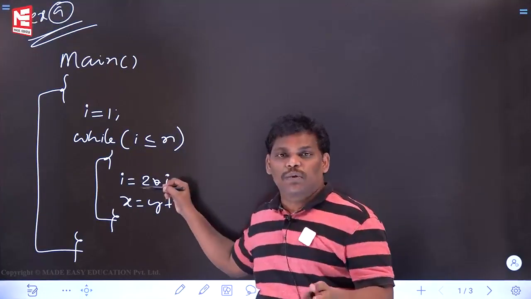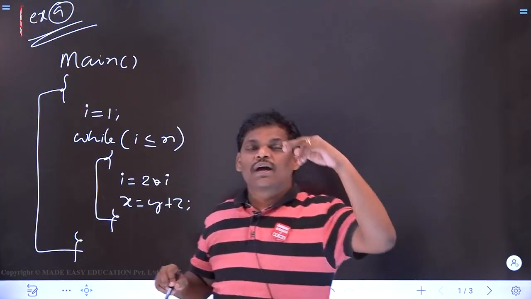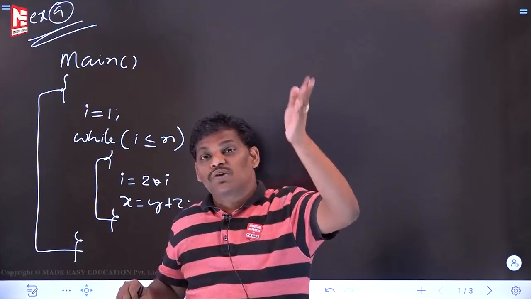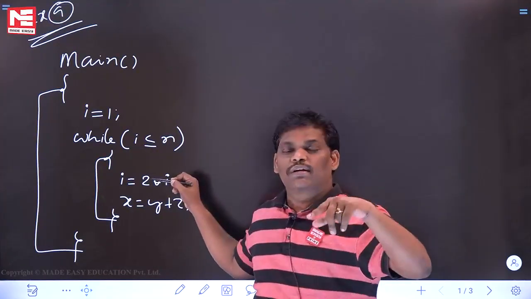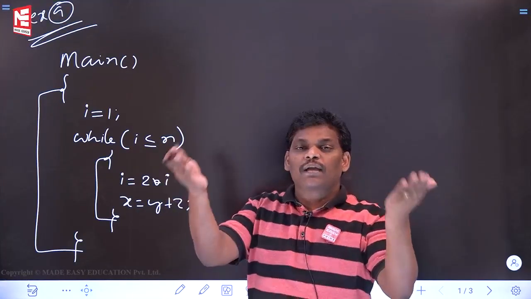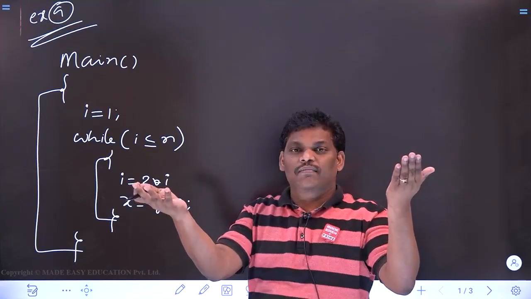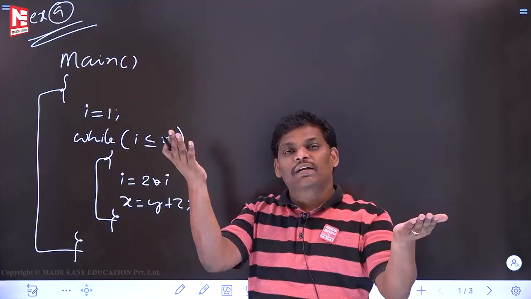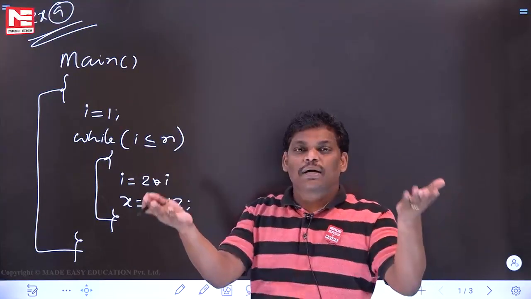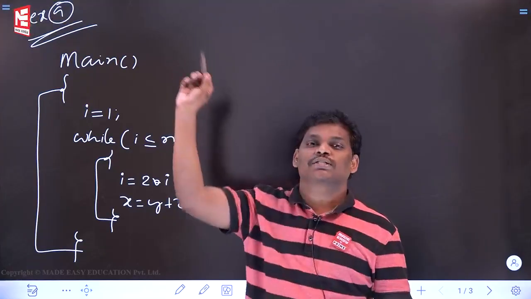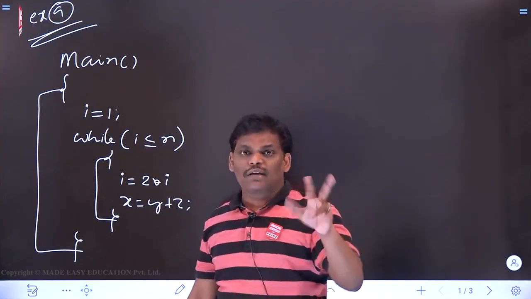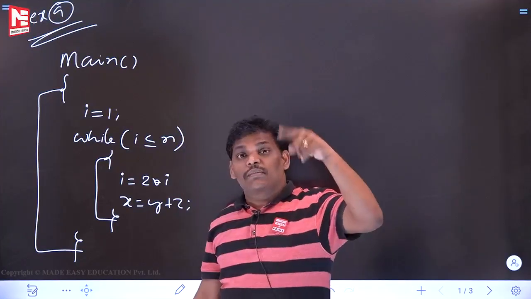What is the answer? It will become double, 2000. With plus 2 it is 1002, but here 1000 into 2 is 2000. Who is growing, i plus 2 or 2 into i? I plus 2 is also incrementing, 2 into i is also incrementing, but i plus 2 increments slowly, and 2 into i increments much faster.